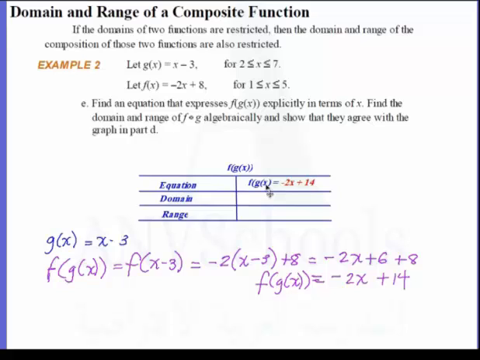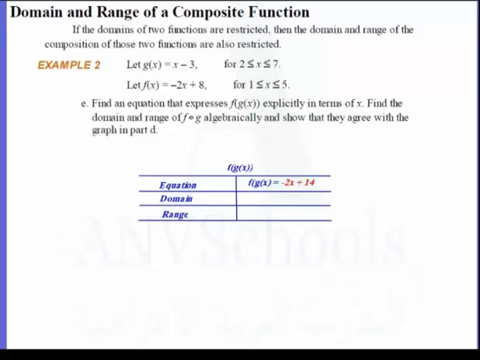Now, the challenging part here is to find our domains and ranges for our f of g of x, which is equal to negative 2x plus 14. To find our domain for f of g of x, we will have to get the domains of our g of x and our f of x.